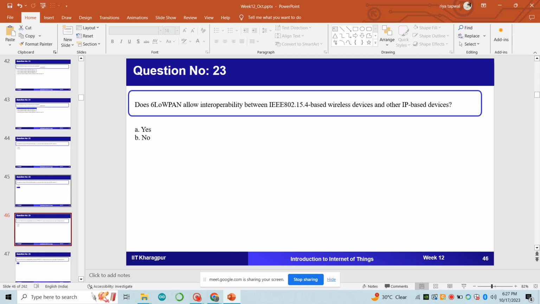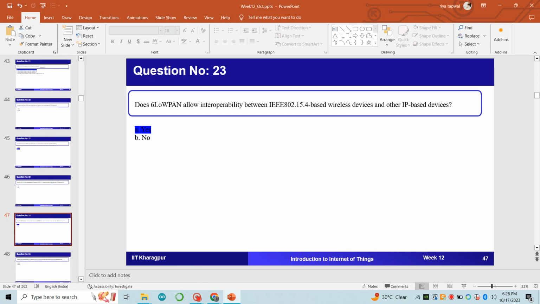Next question is, does 6LoWPAN allow interoperability between IEEE 802.15.4 based wireless devices and other IP based devices? Yes or no? Yes, ma'am. Anyone else? Option A, yes.